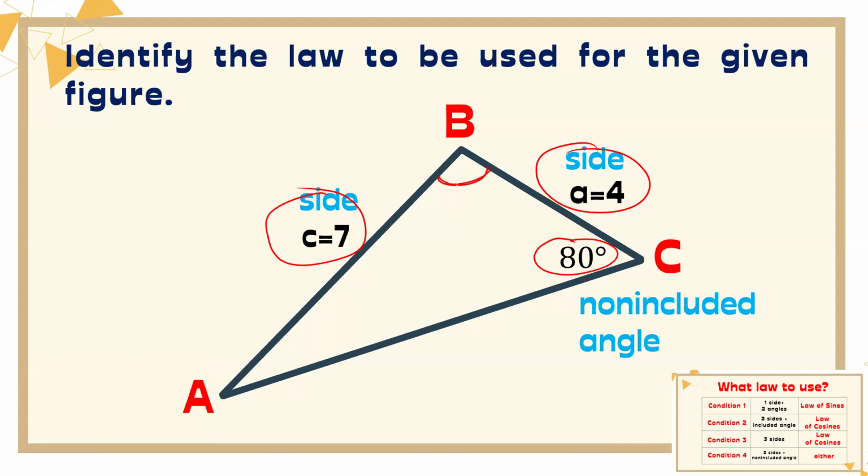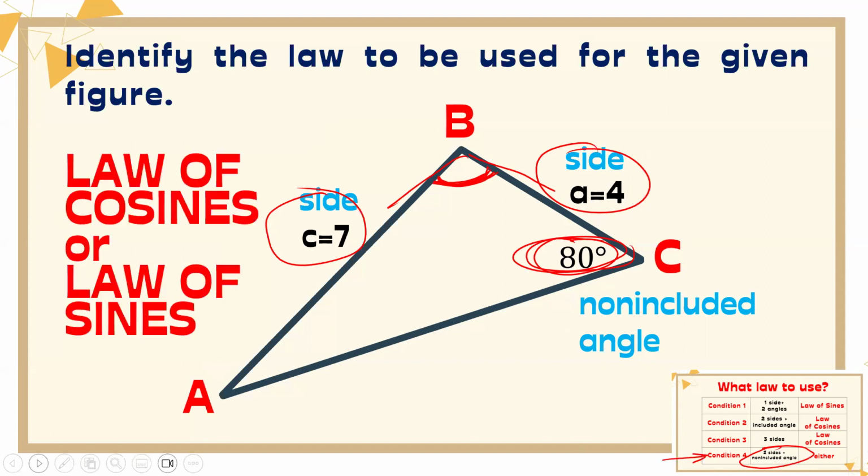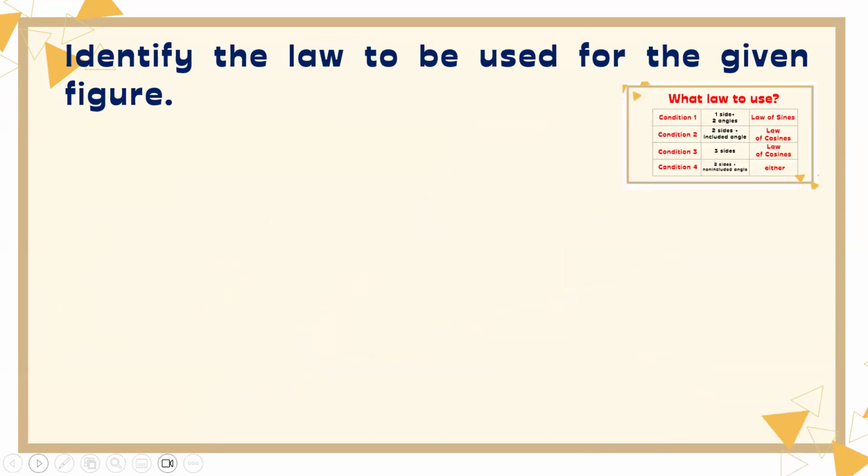The angle B is actually the included angle because it's between the two sides, right? Therefore, 80 is the non-included angle here. So which condition is depicted by this particular triangle? You have two sides and a non-included angle. Which law do we use? Very good. So we can use the law of cosines or the law of sines. We can use either of the two.